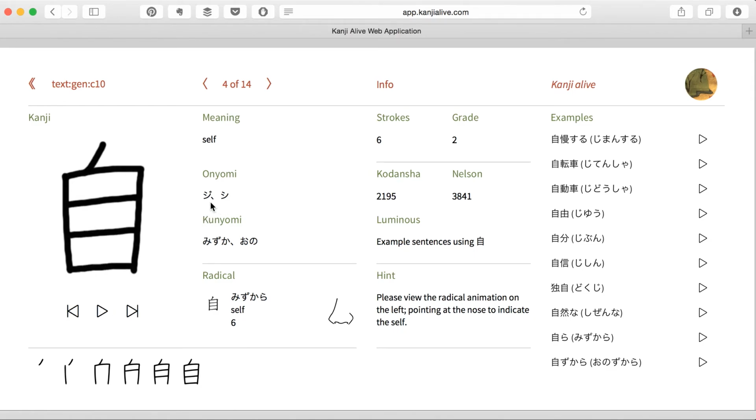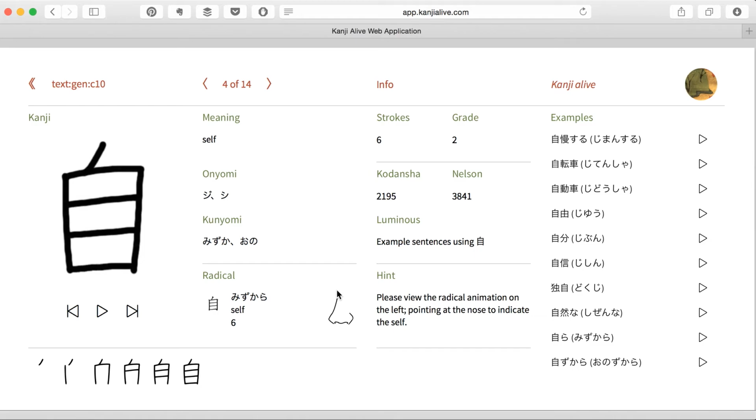The onyomis are ji or shi. We just saw, no, sorry, different thing. And then the kunyomi, I don't think Genki gives these, so I would not worry about that too much. This is a radical in itself, so it's the mizukara radical. It means self. The hint: pointing at the nose to indicate the self.